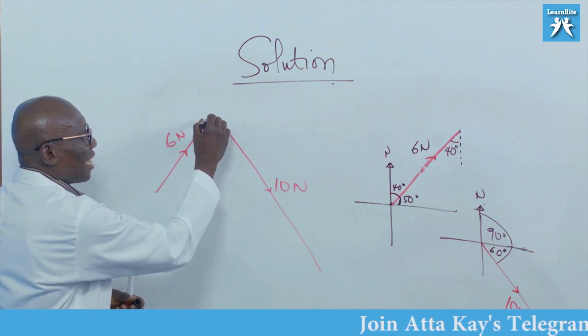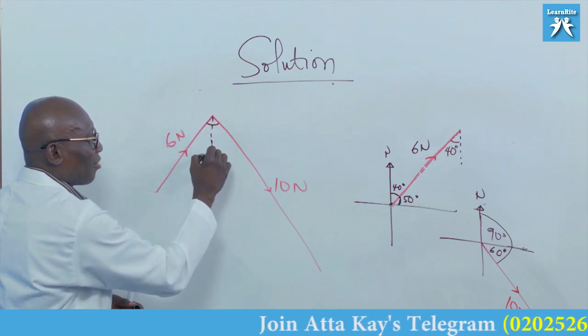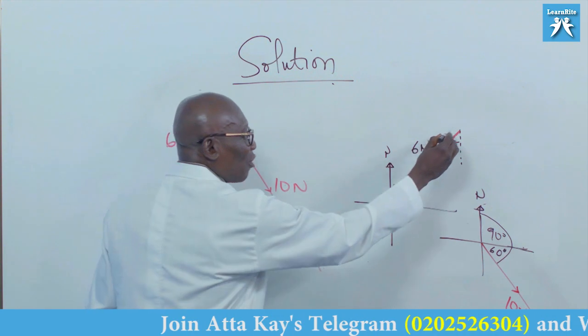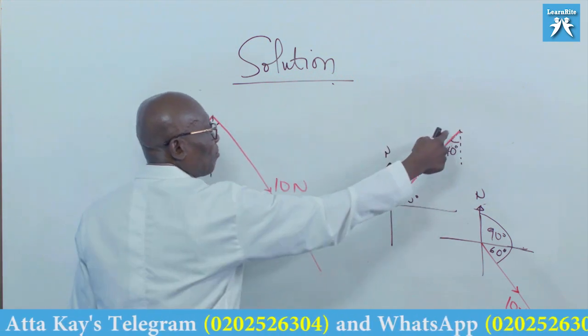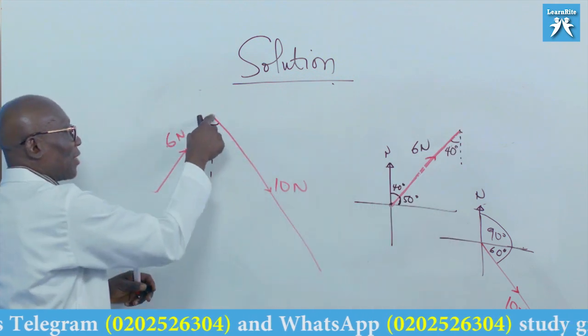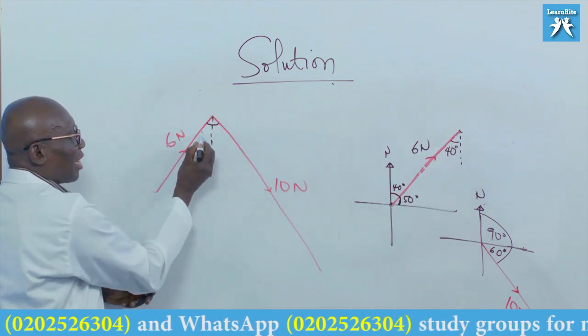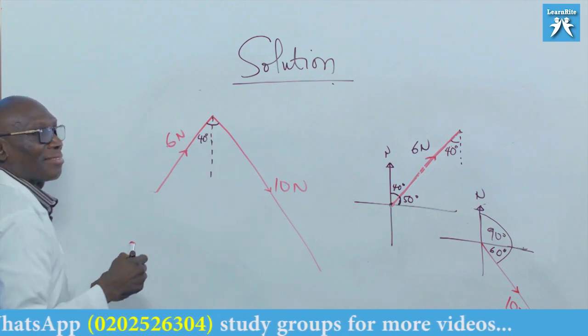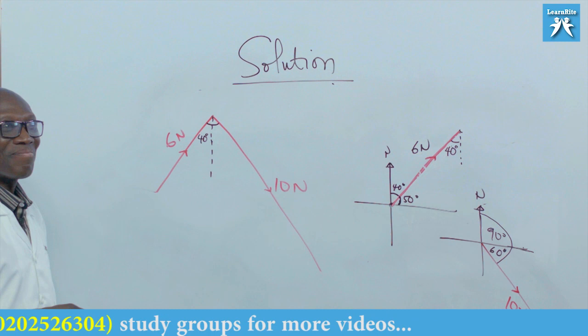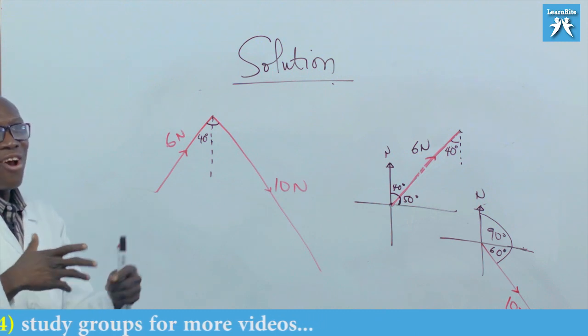I'm also going to draw a line vertically down here. I drew a line from this end of the vector down. So I'm going to do the same thing here, and I'll draw it down. What am I getting here? And the angle here is 40 degrees. You see? By algebra.